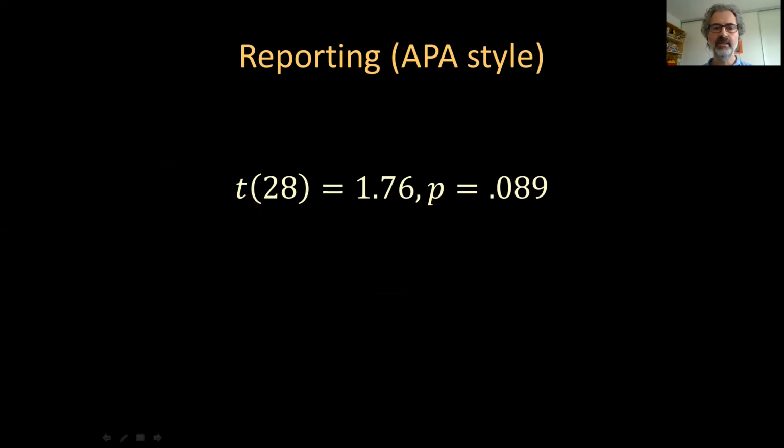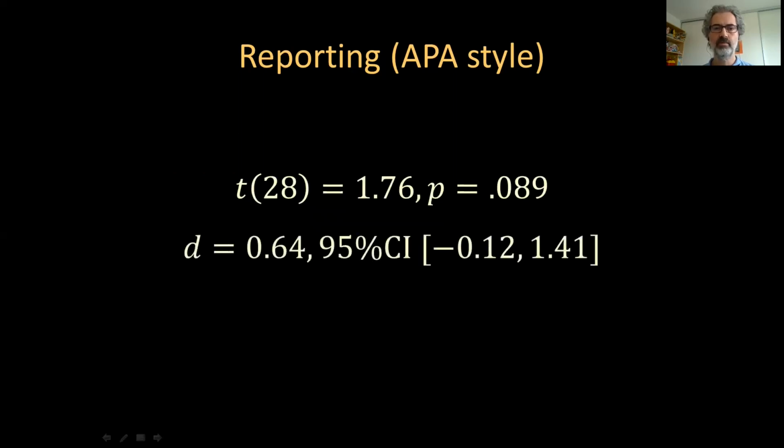And it is becoming increasingly common to report and occasionally to require reporting of this effect size. So Cohen's d is reported, it requires a leading zero because it could be more than one standard deviation difference. So this zero is required.